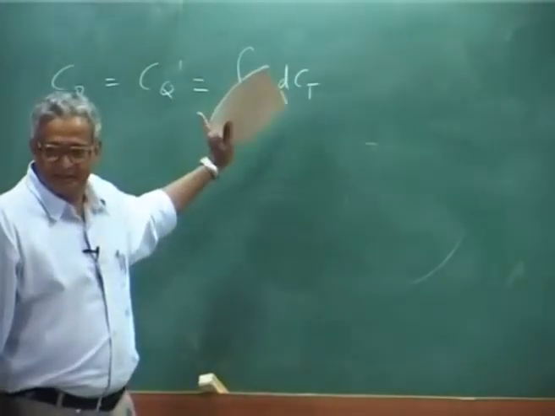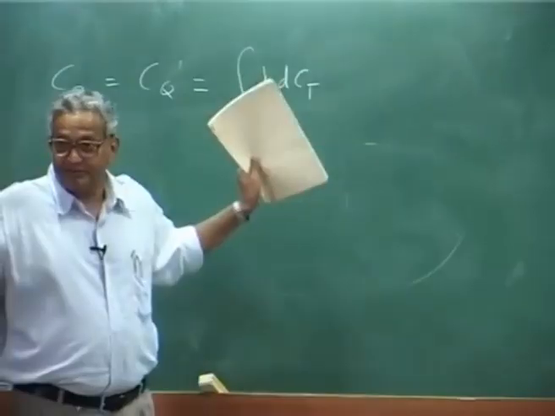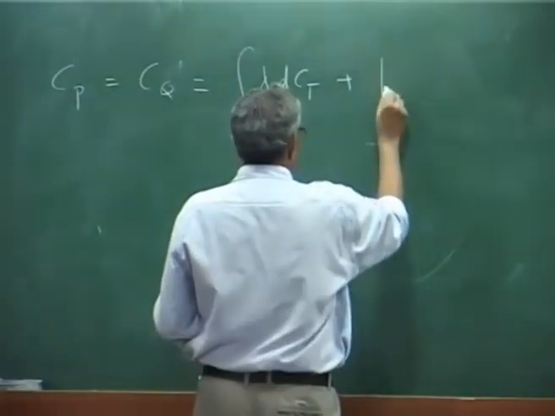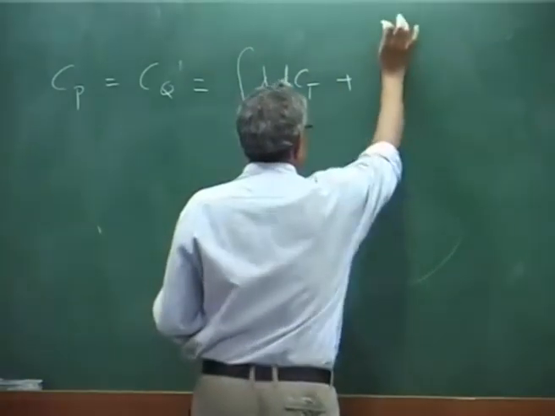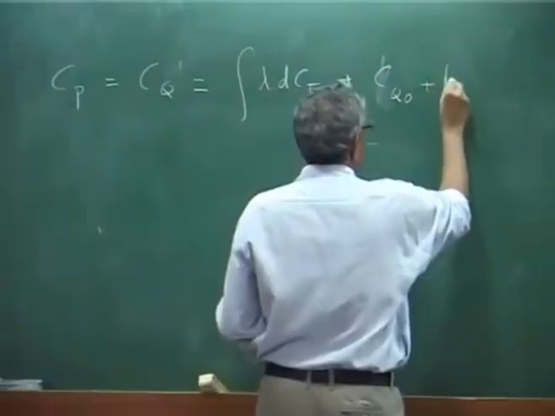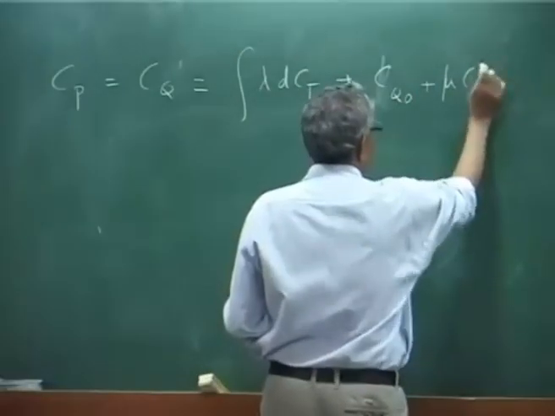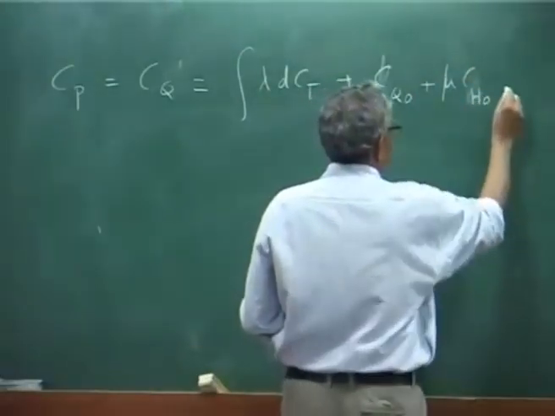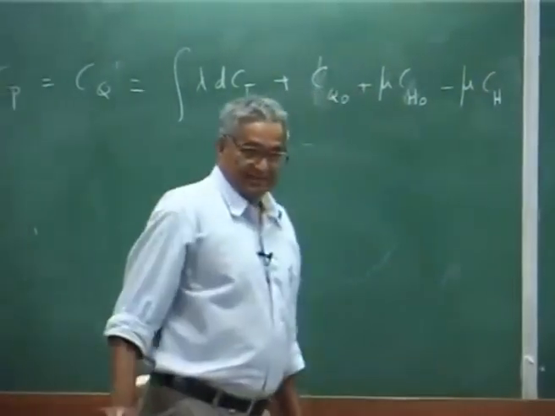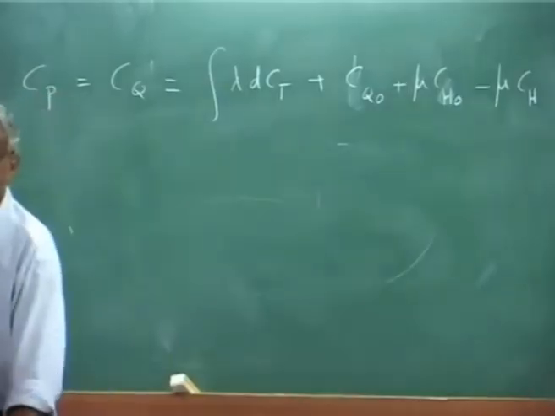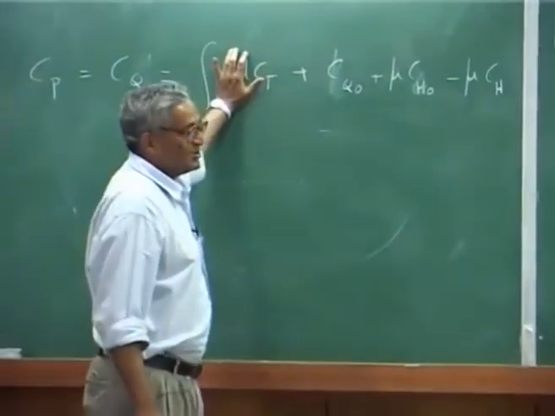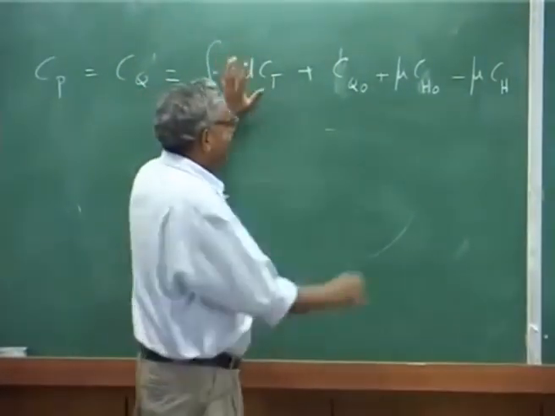This is the mean, an average value, plus you have CQ0 plus mu CH0 minus mu, it is there, okay. This term is still there, because this is only CQI mu CHI.